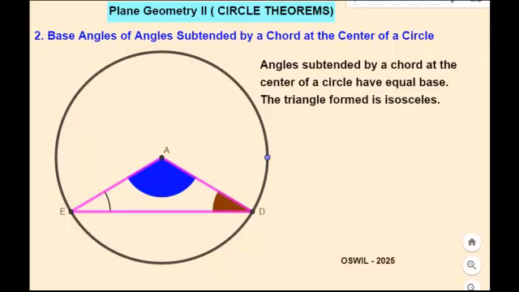The triangle formed is called an isosceles triangle. For an isosceles triangle, two of the lengths are equal, but one of them may not be equal to the rest, and hence the angles at the base are also equal.